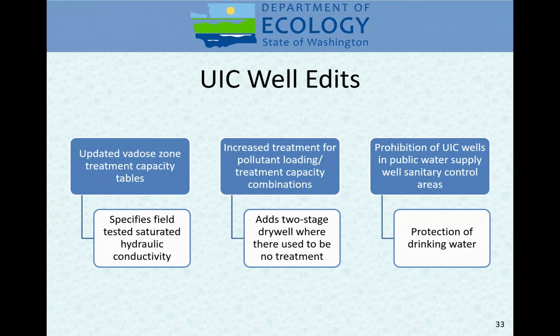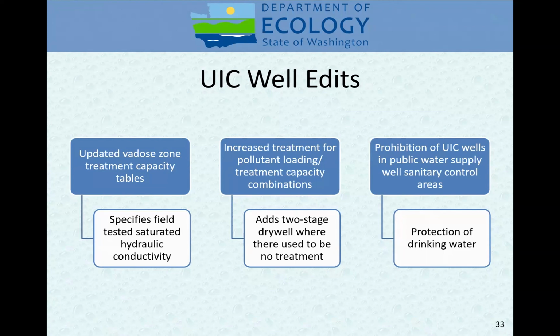How pollutant loaded is it? Is it an industrial site? Is it a single family house? And we determine what level of treatment would be needed. How much treatment do we need? And then we take how much treatment we need and how much treatment we can get from the ground, and we determine what level of treatment we have to do before we put water into the UIC.